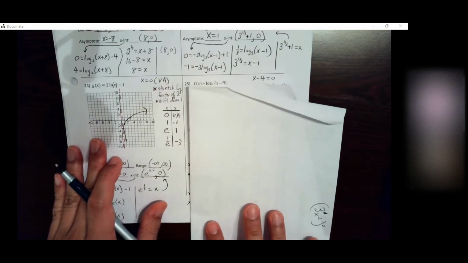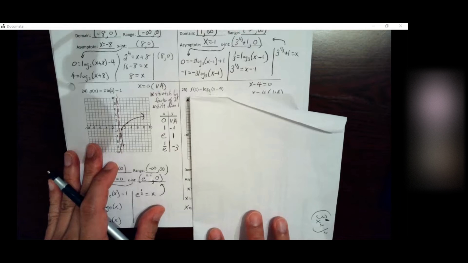Okay. 25. Okay, this one's going to shift right by 4. And our vertical asymptote is 4.